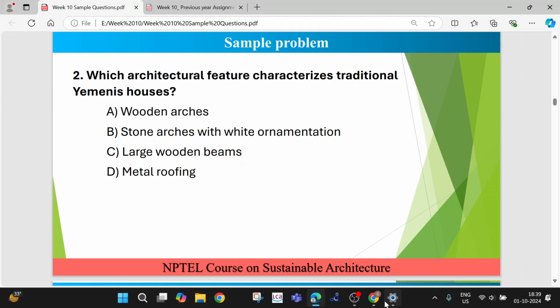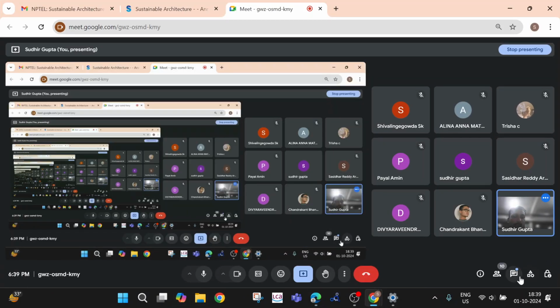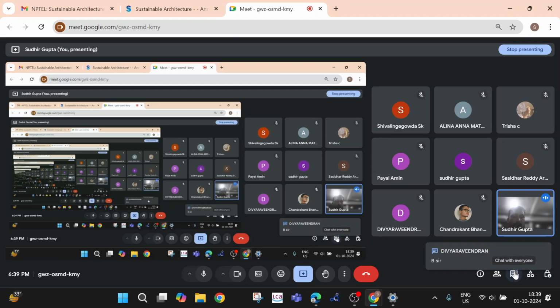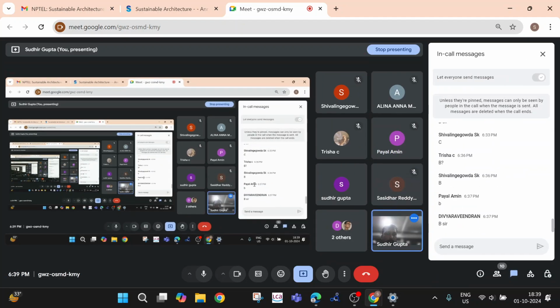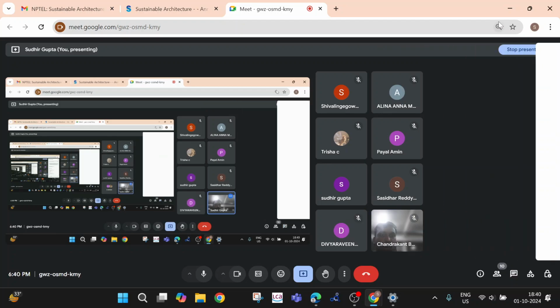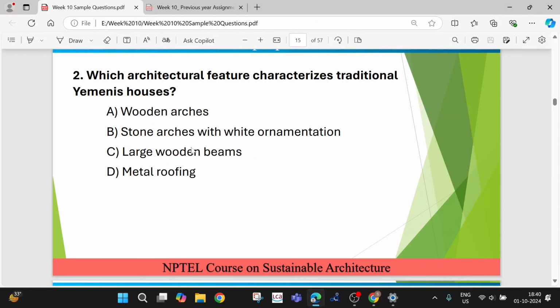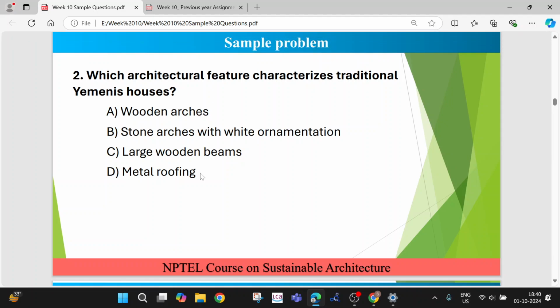So let me see how many of you answered it correctly. Okay, so this time all of you have given the right answer. So stone arches and white ornaments is the right answer for this one.